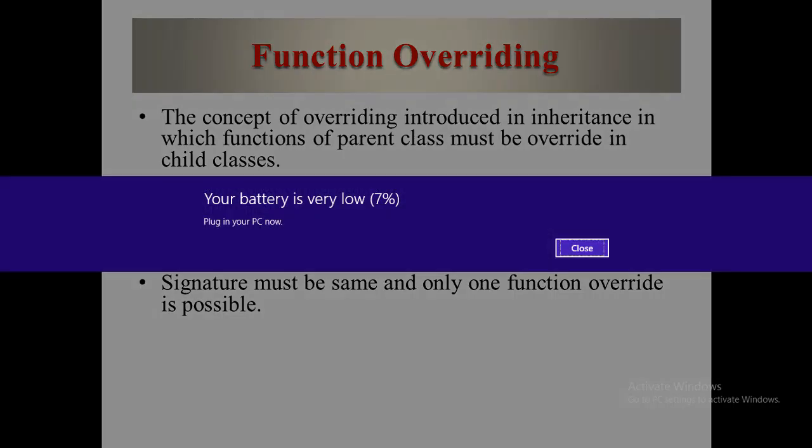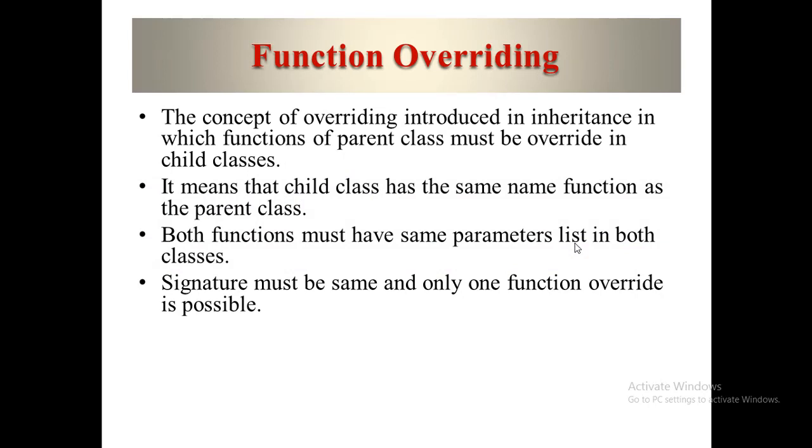In function overloading, the difference was that the parameter list must be different. But in function overriding, the rule is that both functions must have the same parameter list in both classes. The signature must be the same, and only one function override is possible. In function overloading, there were multiple functions.